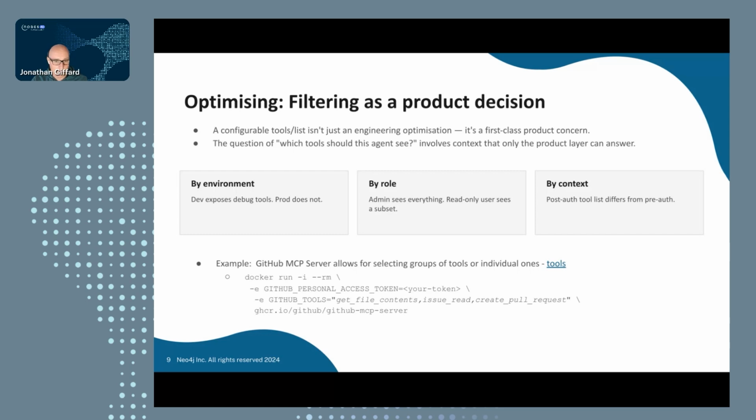So in that particular example there, you can see that I'm asking for a subset of the overall list of tools which GitHub can give me. So I'm calling out specific ones, but it also allows you to get hold of tools based on a category as well. So that's an example of using the full list, but then filtering what tools you get.